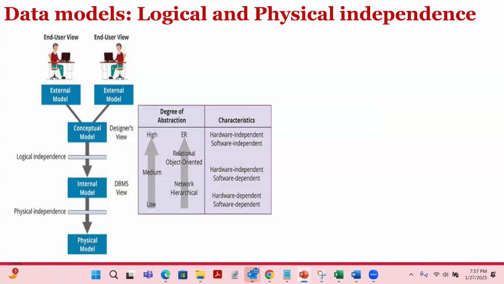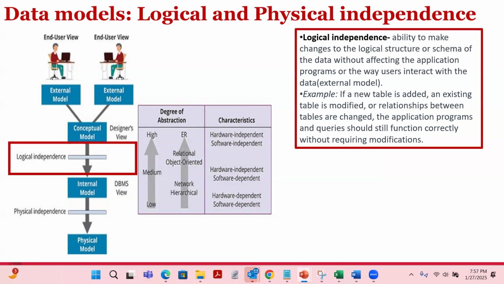So logical independence means that you can modify the logical structure or schema of the data without affecting the conceptual data model or applications that are used in the database. So your logical independence lives between the conceptual model and the internal model.